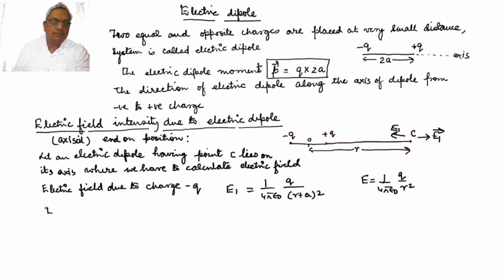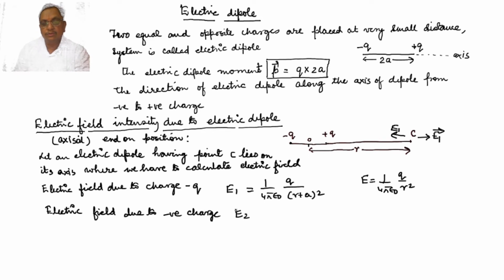So we calculate the electric field due to positive charge, E2, equal to 1 over 4 pi epsilon 0 Q upon R minus A whole square.